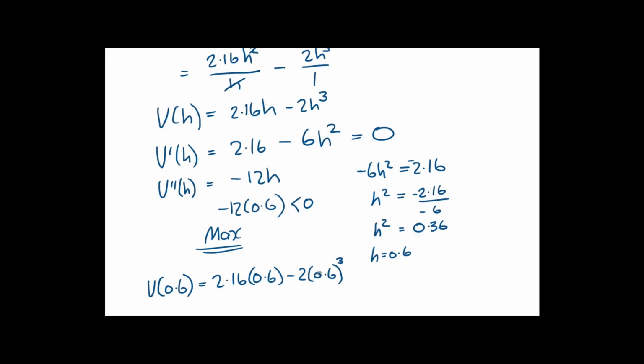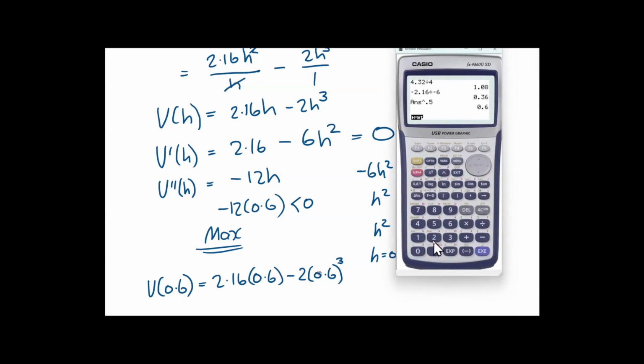So if we grab our calculator, 2.16 times 0.6 is that, minus 2 brackets 0.6 close brackets to the power of 3, we get 0.864.